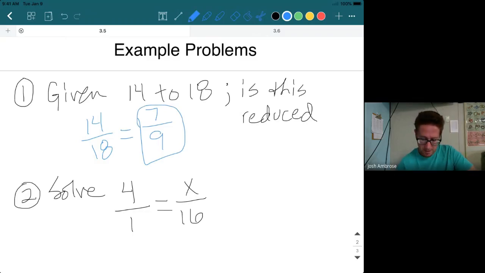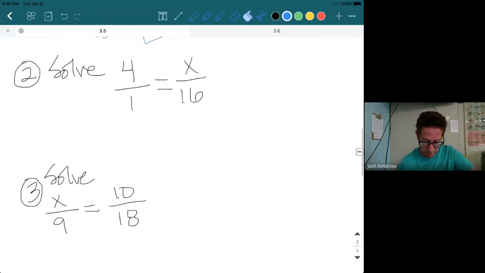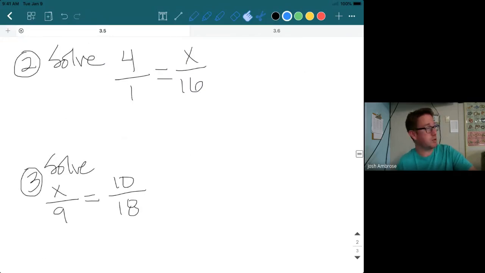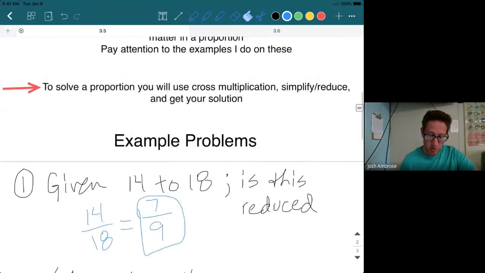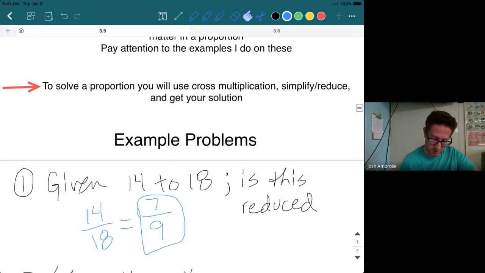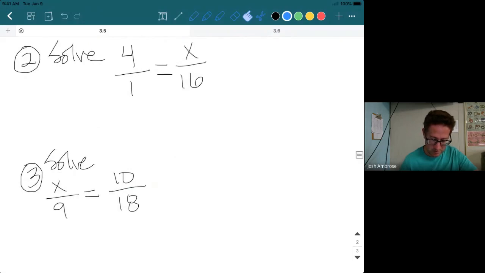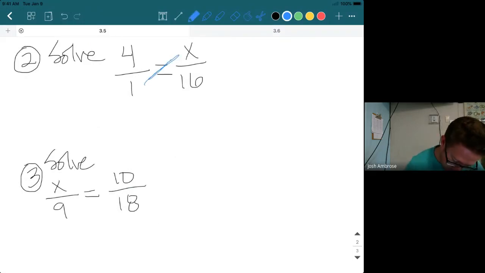Now the next one coming up here, we are solving a proportion. Now, how do we solve a proportion? What does it say? Cross multiplication, right here. This is how you cross multiply. Simple enough. We go from here, multiply there, and from here, multiply there. So what is 1 times x?